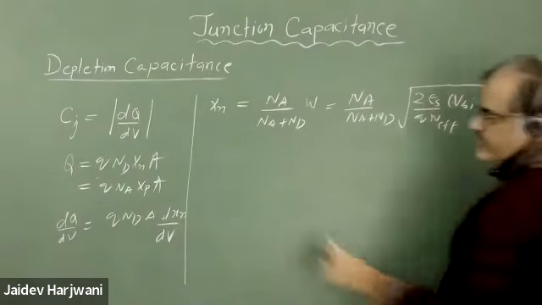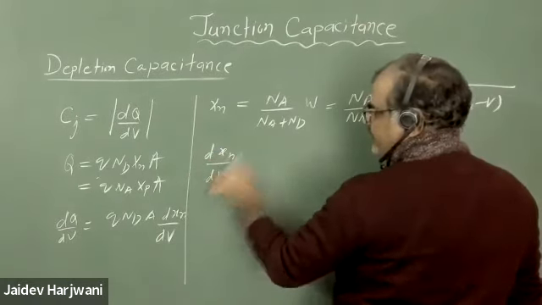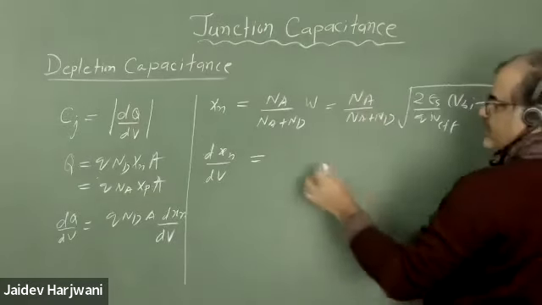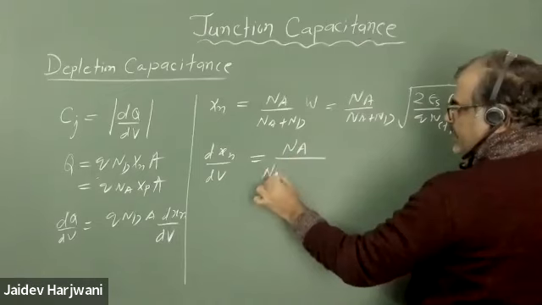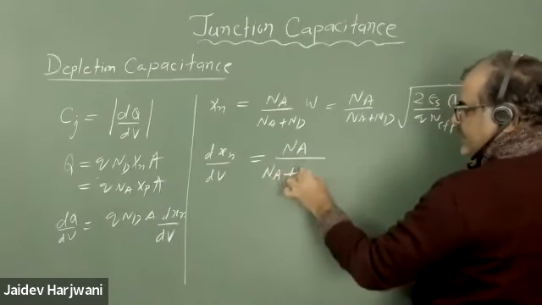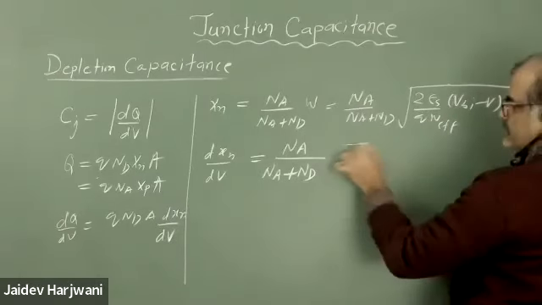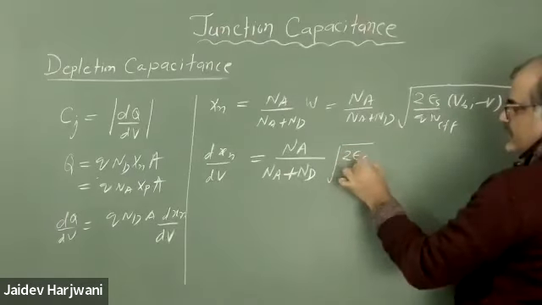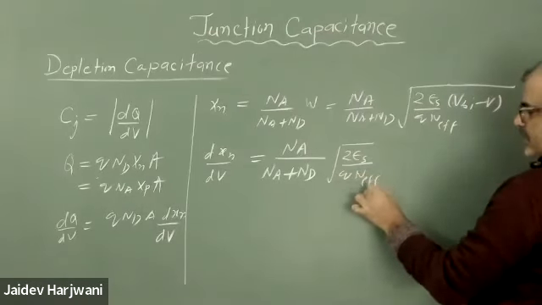Now I want to differentiate this one, dxn by dv. It will give me Na upon (Na plus Nd). These are constant, so I will keep them like this, 2 epsilon S upon q N effective.